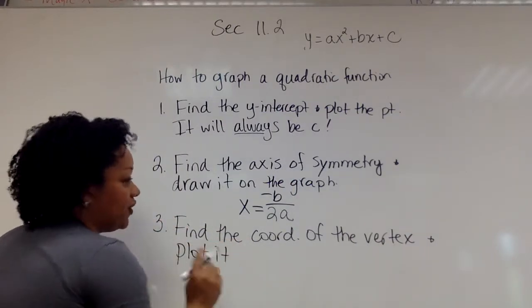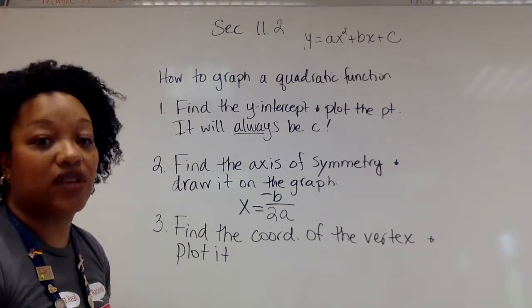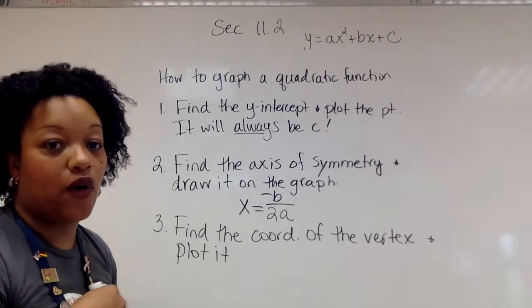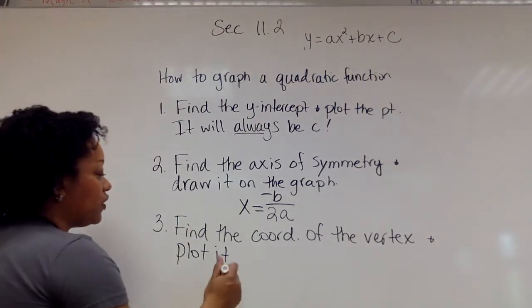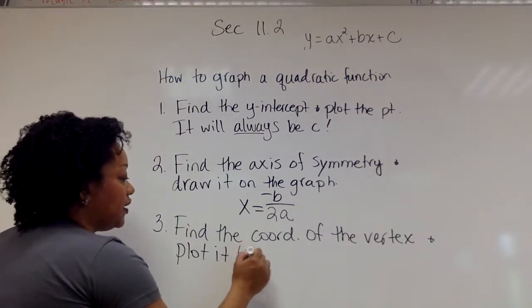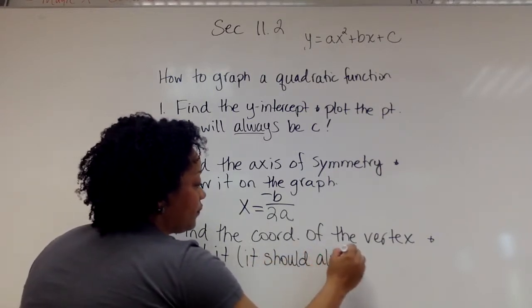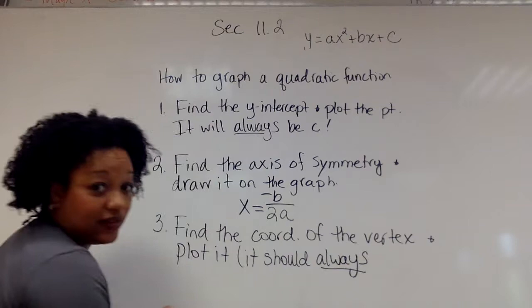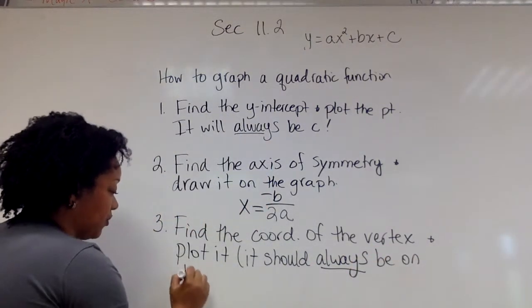And here's the thing. This is when I'm going to know who's paying attention and who isn't, who's serious and who isn't. I already know, but y'all are very predictable. So when you plot your vertex, let's put in parentheses, it should always, underline always, be on the axis of symmetry.